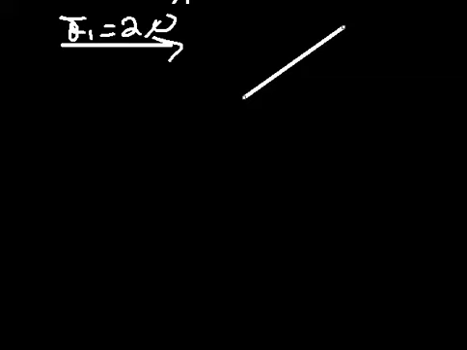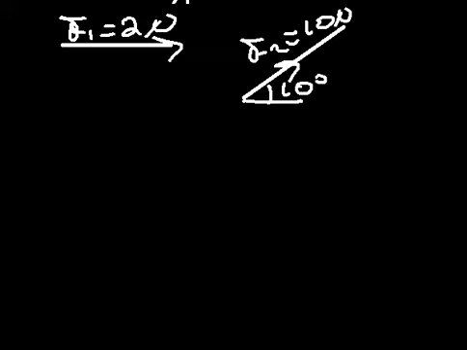Say we have this vector f1 equal to 2 newtons, and we also have this vector f2 given as 10 newtons, acting against the horizontal at 10 degrees.